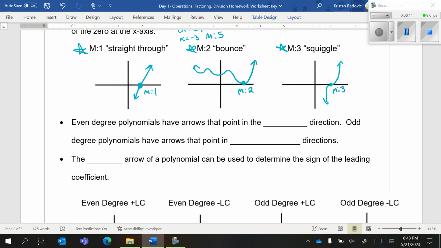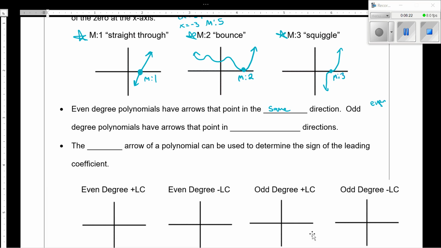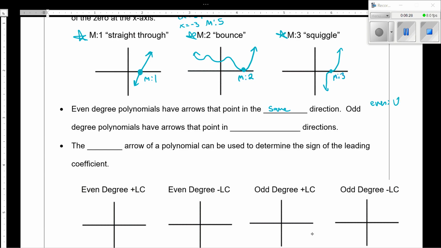Now, even degree polynomials have arrows that point in the same direction. Even would be both up or both down. If you are an odd degree polynomial, you have arrows that go in the opposite direction.